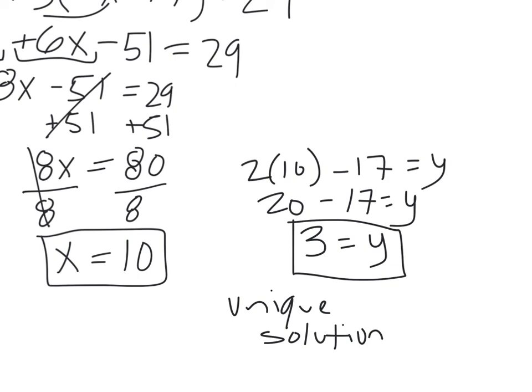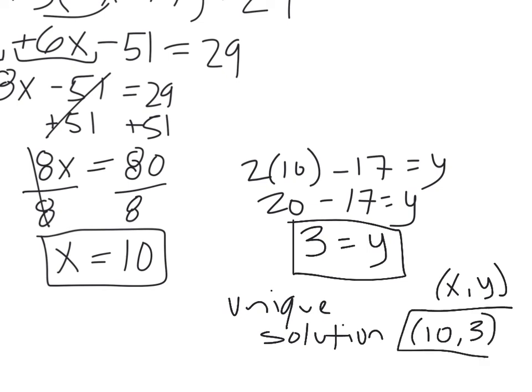If a unique solution means that these equations cross each other when graphed, at what point would these equations cross? Well, a coordinate is written as x comma y, and in this case x is 10 and y is 3. That was our unique solution. So these equations are going to cross at the point 10 comma 3.